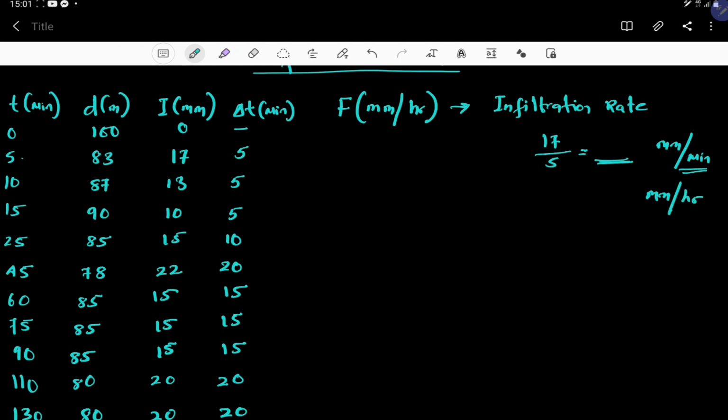So how to convert this mm per minute to mm per hour? We keep the infiltration in mm, divided by how much 5 minutes is in hours. So 5 by 60. Ultimately we are going to get 17 over 5 into 60, whatever the value is. This is how we do the conversion. Let me quickly erase this stuff now.